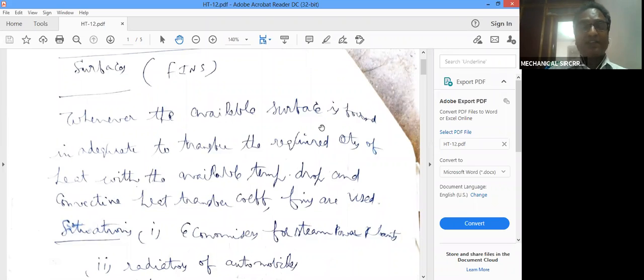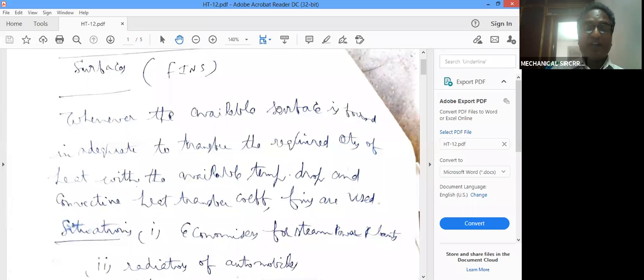For convective transfer, Q is equal to HA delta T. The available temperature drop delta T and the convective transfer coefficient H cannot be changed for the given environment.